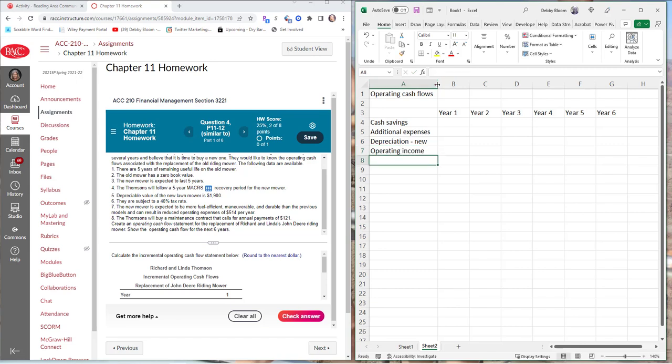From our operating income, we want to calculate our tax expense. If we take our operating income and subtract our tax expense, we have our after-tax income. If we add back the depreciation expense, then we wind up with our incremental operating cash flows.